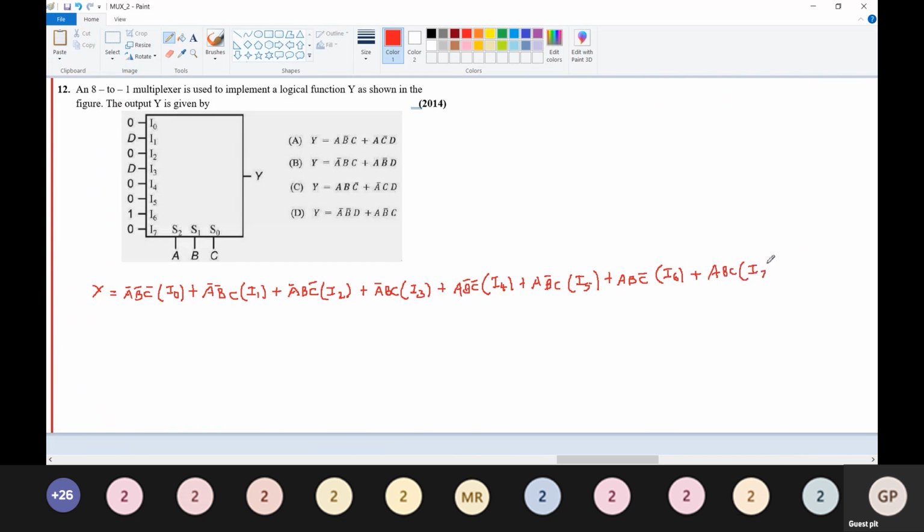So this is the general expression for an 8:1 multiplexer. Now we'll insert the input values.